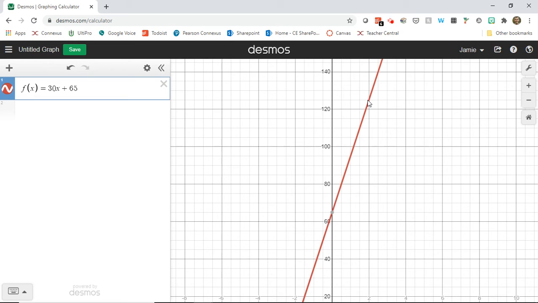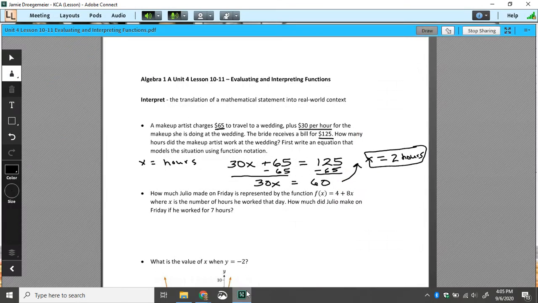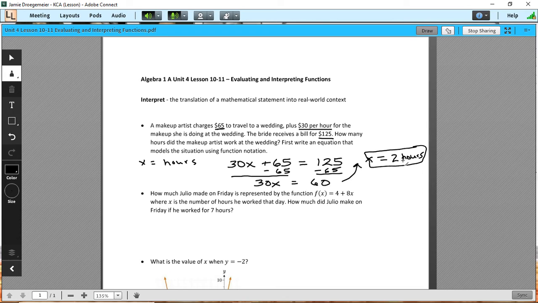And so just another way of looking at that. And so when I go back to what we did when we calculated, we said that when x was 2, the total billing amount was that $125. All right, so just another way to look at that. Just wanted to try to include that Desmos calculator when we can.